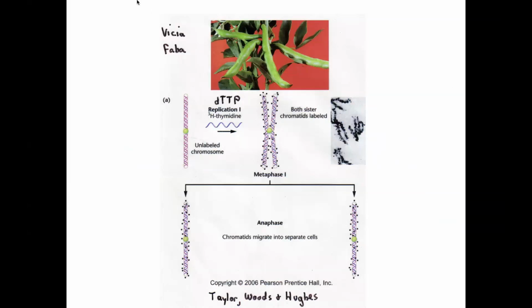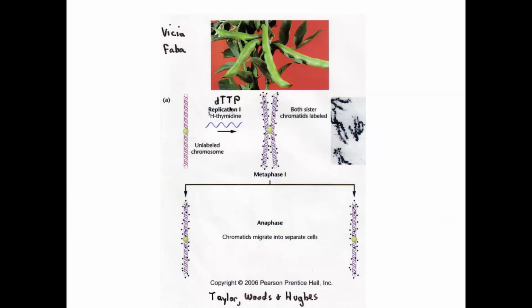Remember, dTTP is one of the building blocks of DNA, and the hydrogen atoms in that material can be rendered radioactive. So that dTTP would be incorporated into newly synthesized DNA and label it in this radioactive form, which is then detectable by exposure to X-ray film.